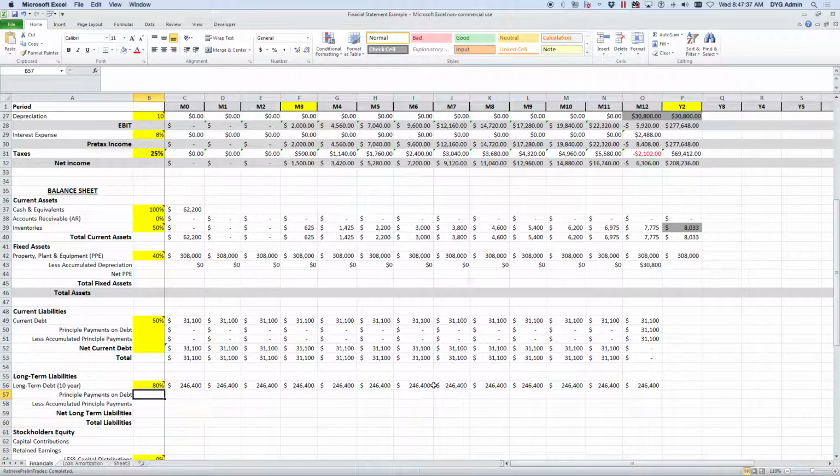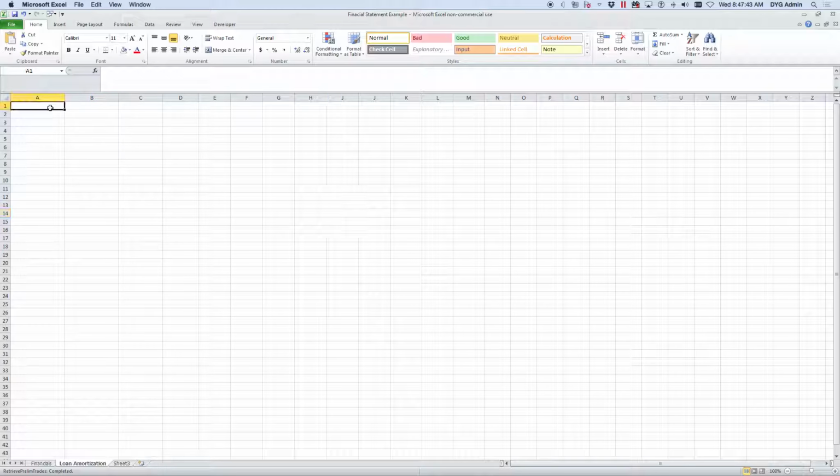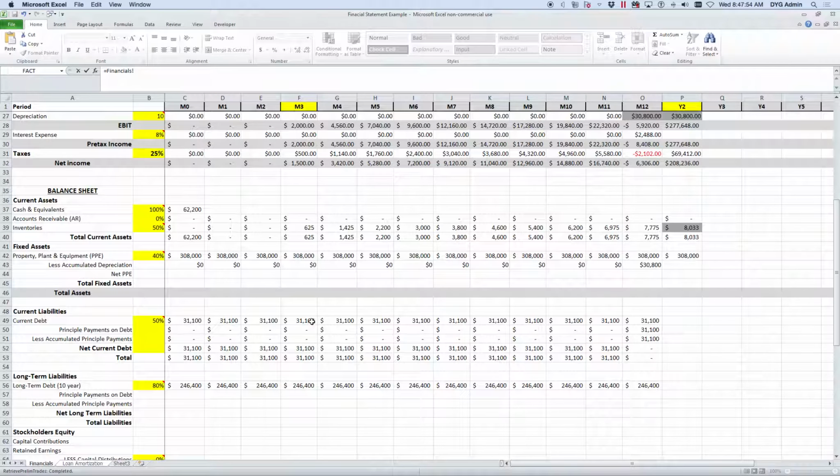So now we need the principal payments on the debt. Well, to get to the principal payments, we actually need to get the full payments. So let's just go over to our loan amortization and build that. Let's see. Amount borrowed, and that's equal to this.